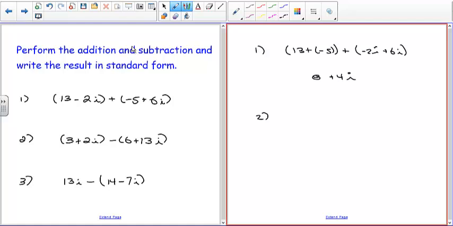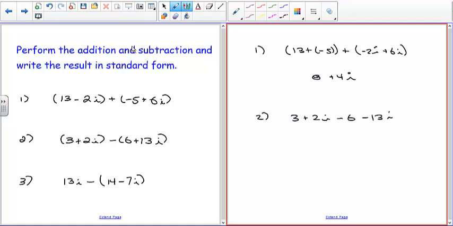The second one, we have 3 plus 2i minus 6 plus 13i. So one thing we could do is take those parentheses away for right now. And by doing that, I'm going to distribute that negative sign to both terms. So it's -6, -13i.